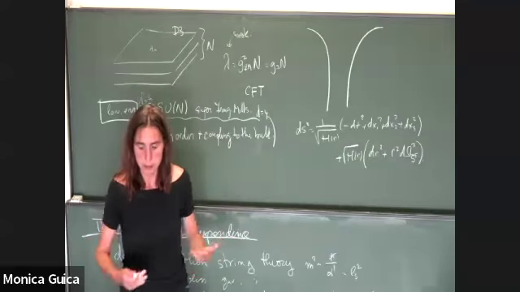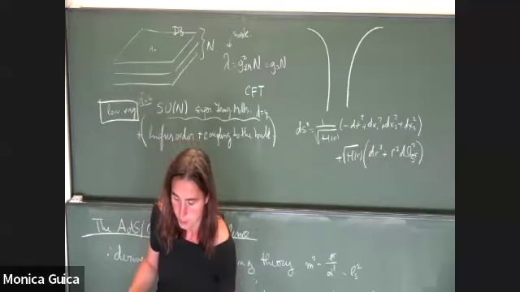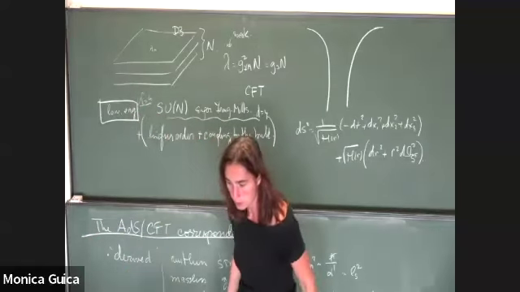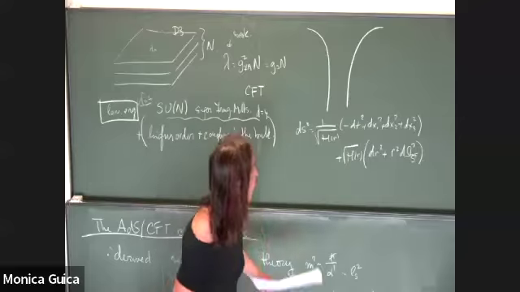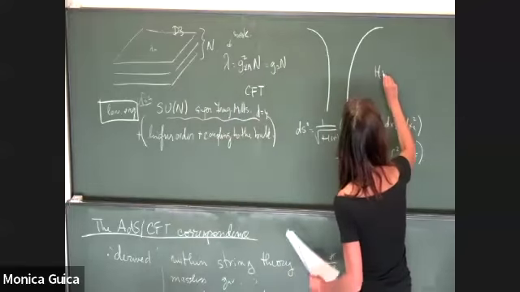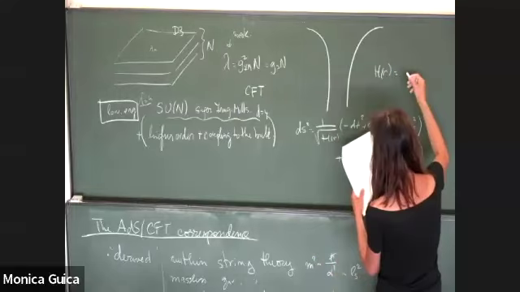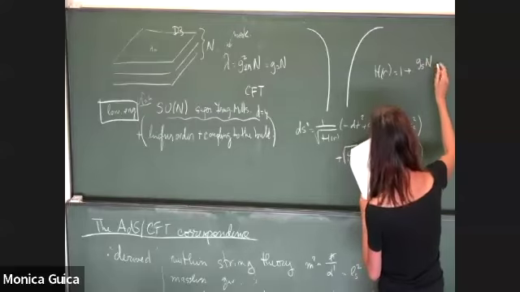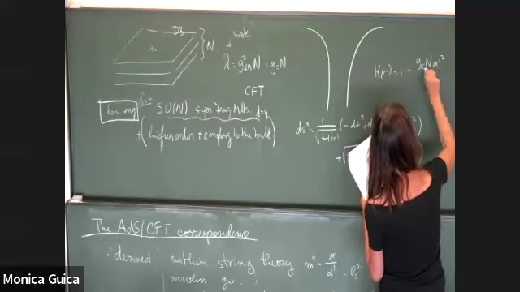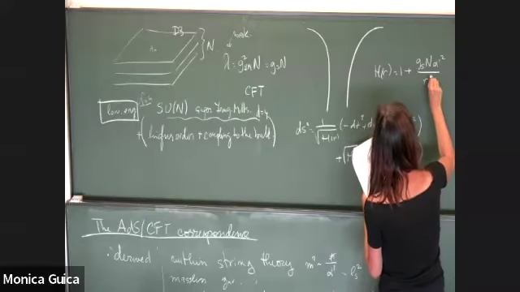You back-react this object that has now become heavy. It's one of these heavy membranes that I was talking about, and you get this metric where H of r, if you know string theory and so on, is given in terms of the constants of the theory by something like this.